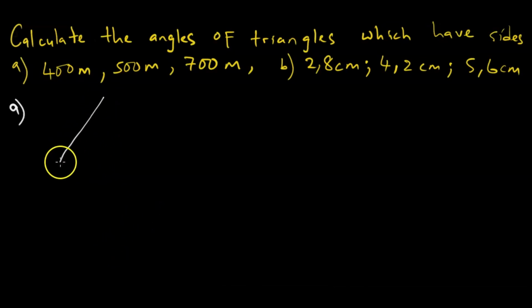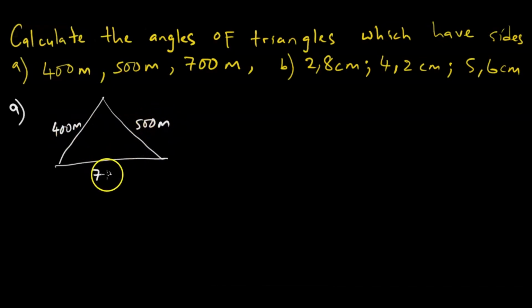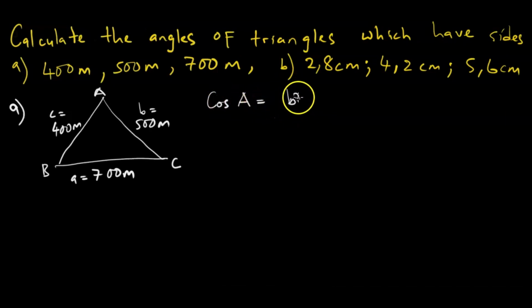So answering a, of course we put our triangle and we have a side 400 meters, another one is 500 meters, then the other is 700 meters. We name our triangle ABC. We know that this is A, that is C, and that is B. Then here we want to find A, so we use the formula: cos A is equal to b squared plus c squared minus a squared over 2bc.